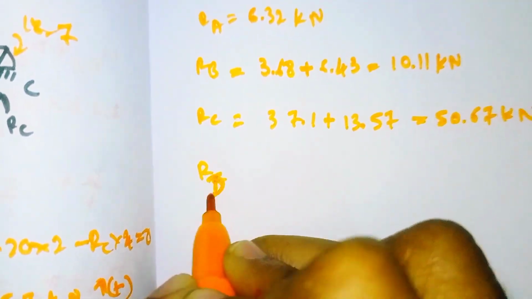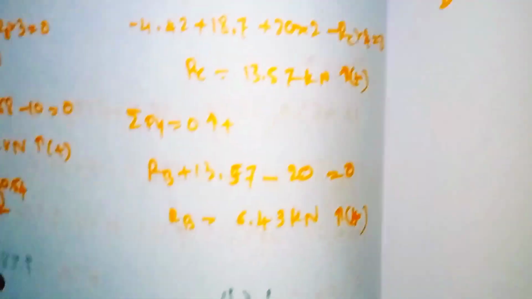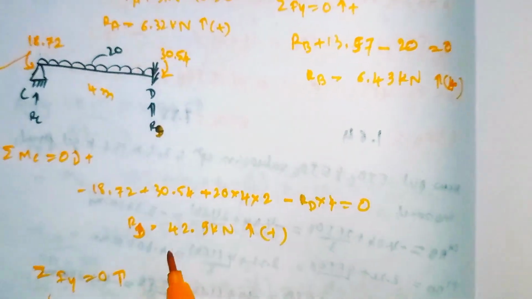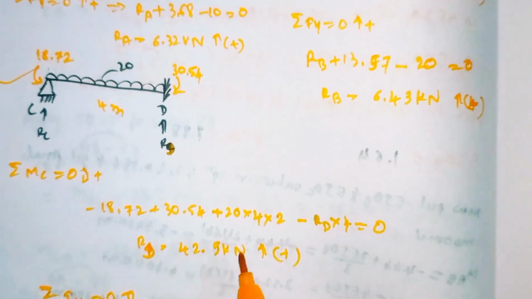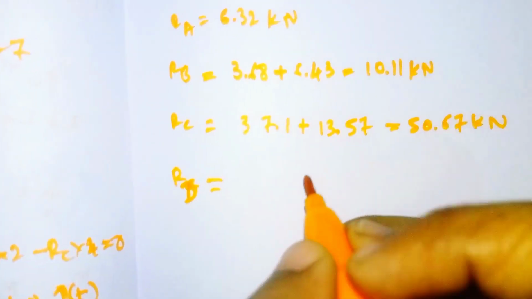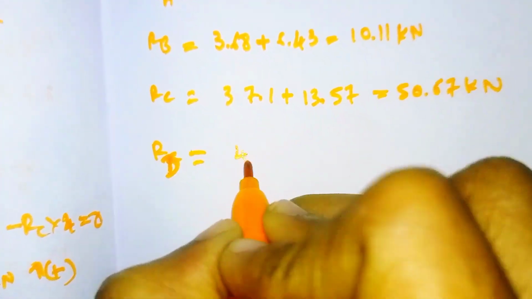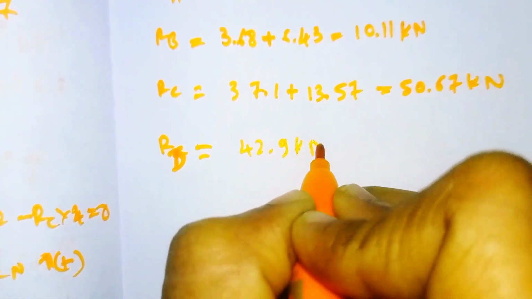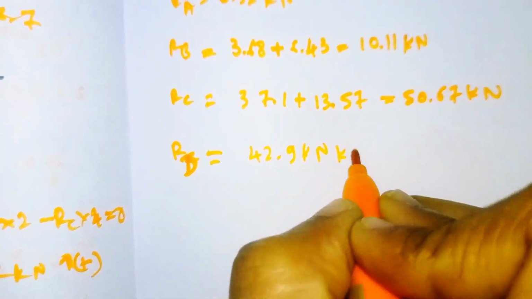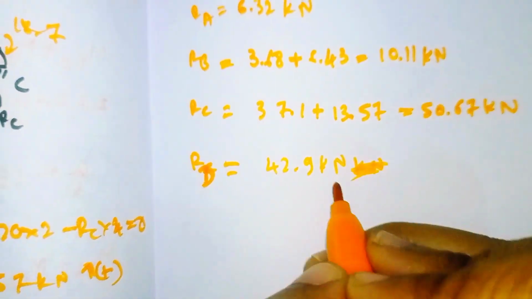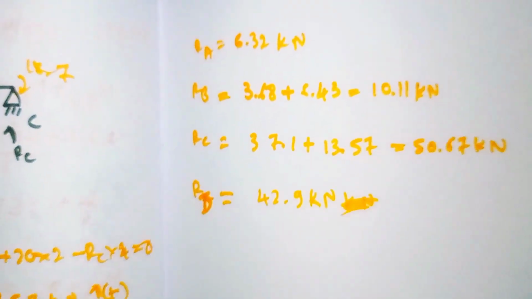For RD we have only one value, that is 42.9, so write here 42.9 kilonewton. This is our final reactions.